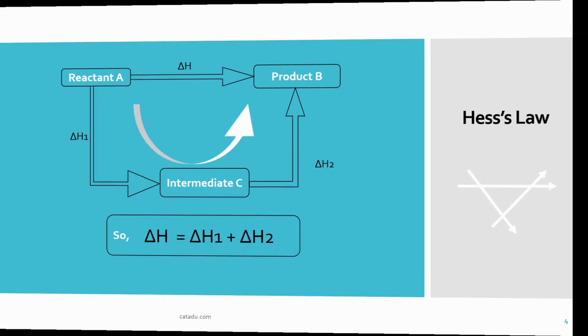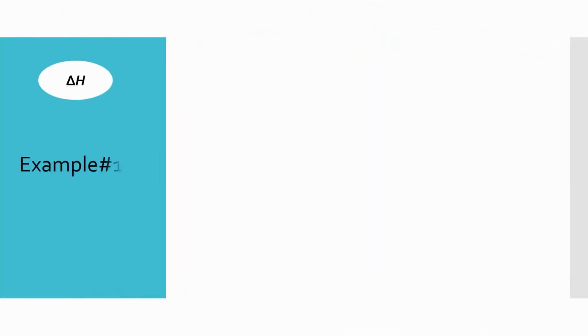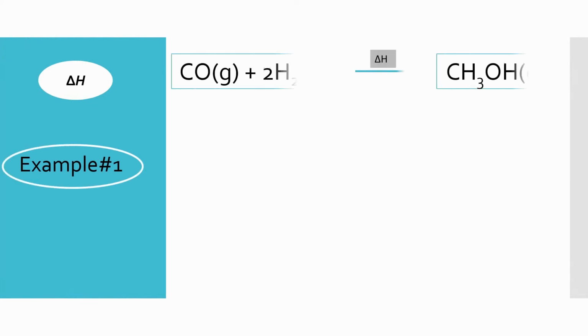Example 1. Here methanol is made from carbon monoxide and hydrogen. For this enthalpy change calculation, I have to calculate delta H. For this one, bond energies are given, so using the bond energies of carbon, oxygen, hydrogen.